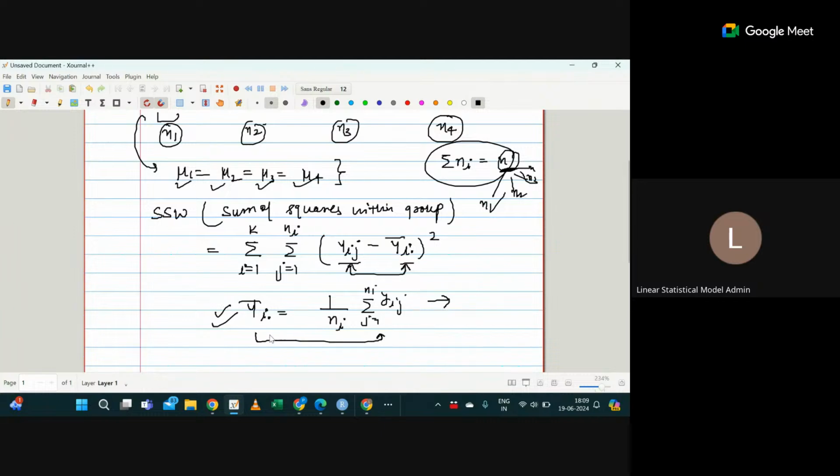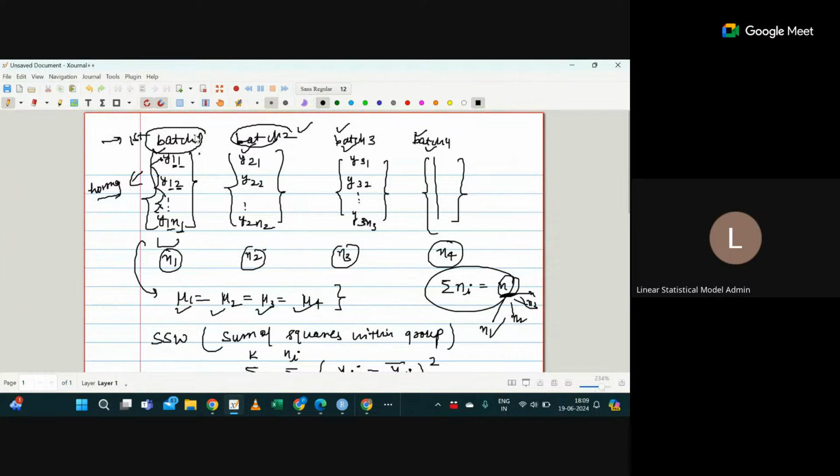Y bar i dot. Basically, we are taking the average of the observations for the ith batch, right? Yes, the ith batch. So we have four batches.